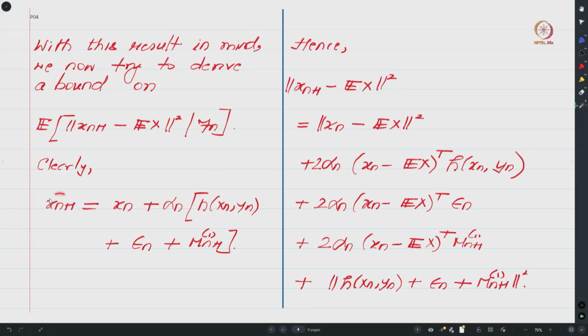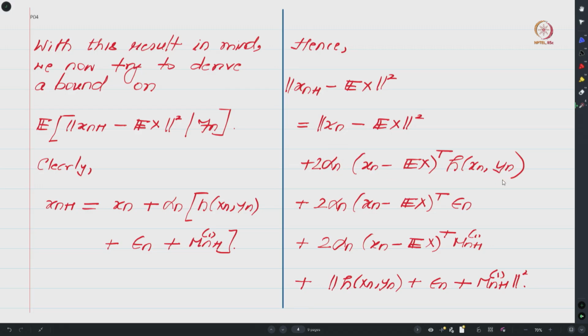Now recall that xn plus 1 has an update rule like this, so I can subtract expected value of x from both sides and then square it. If I square it, the left hand side will be xn plus 1 minus expected value of x, the whole square, and on the right hand side notice that I have an a plus b plus c plus d type expression, and I am taking the square of it. So first I will have some square here plus 2 times the cross terms.